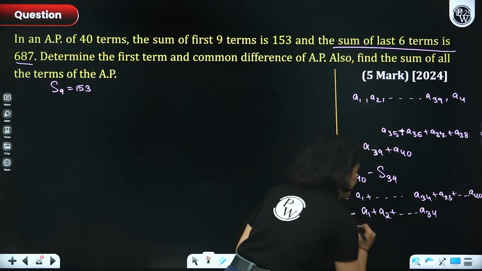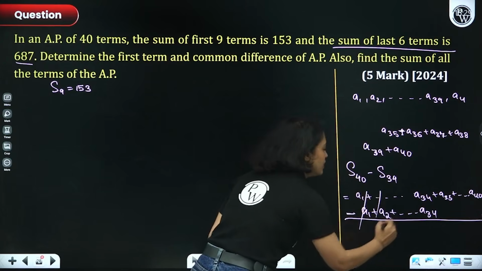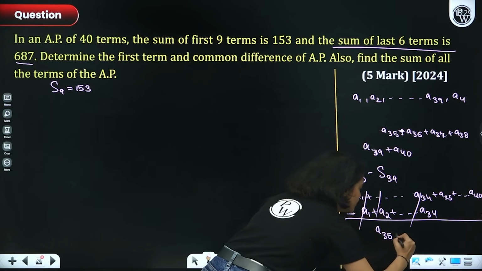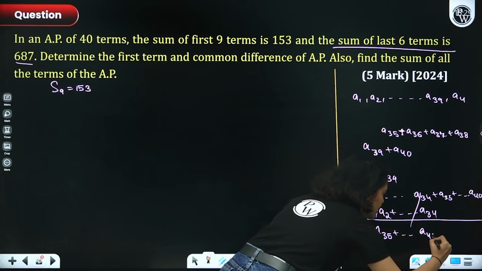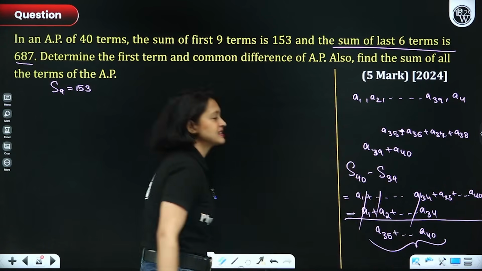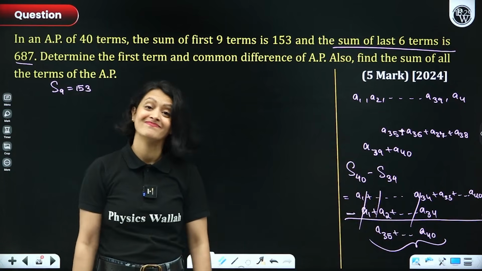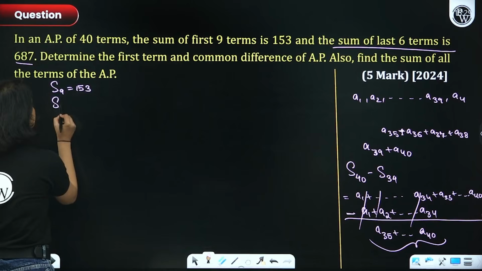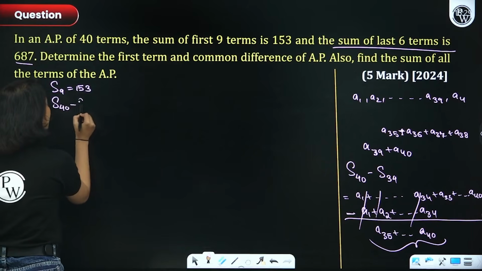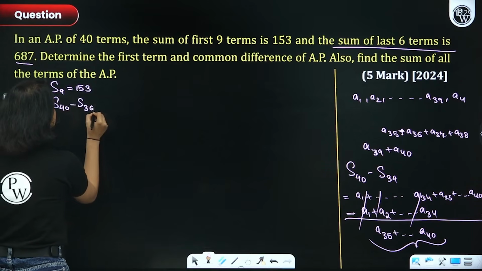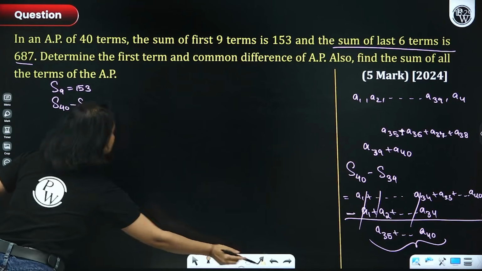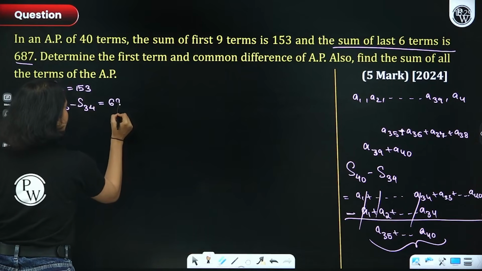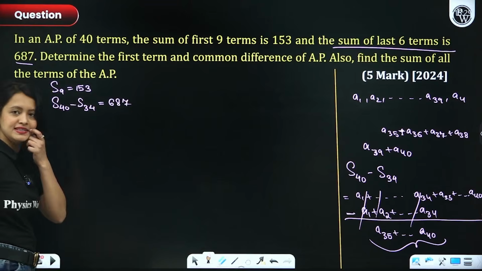Once I subtract everything, what will I get? I will only get terms starting from 35 till 40, or I will get the last 6 terms. Yes or no? So that means I can write this as S40 minus S34, sorry, S34. And this is given as 687.